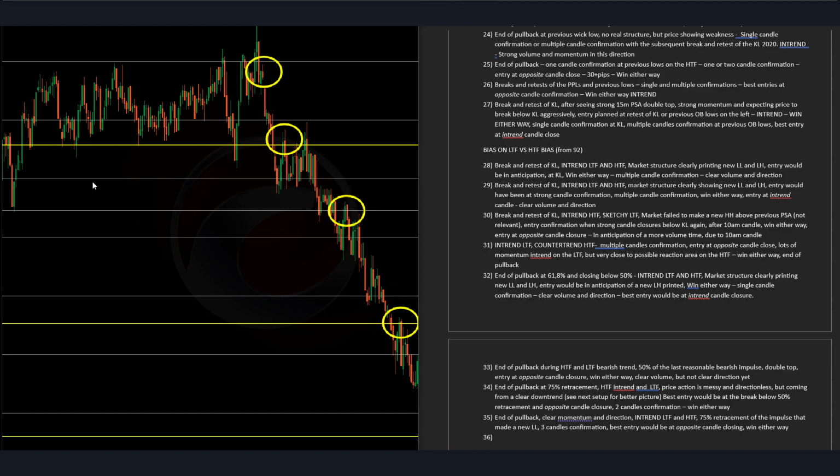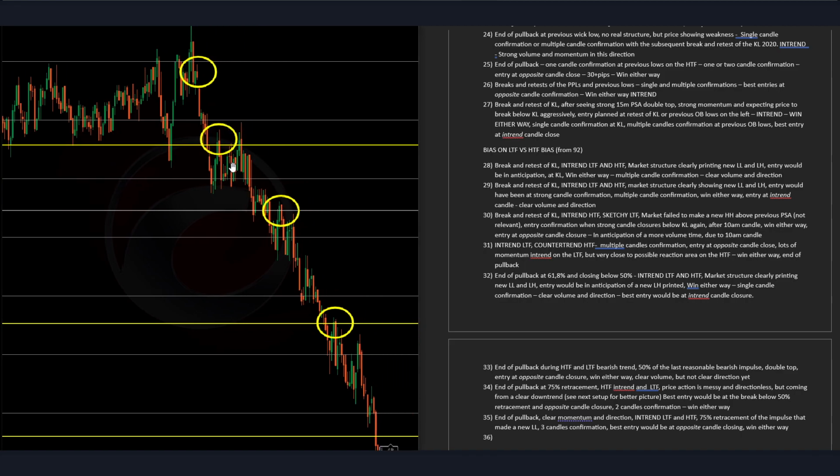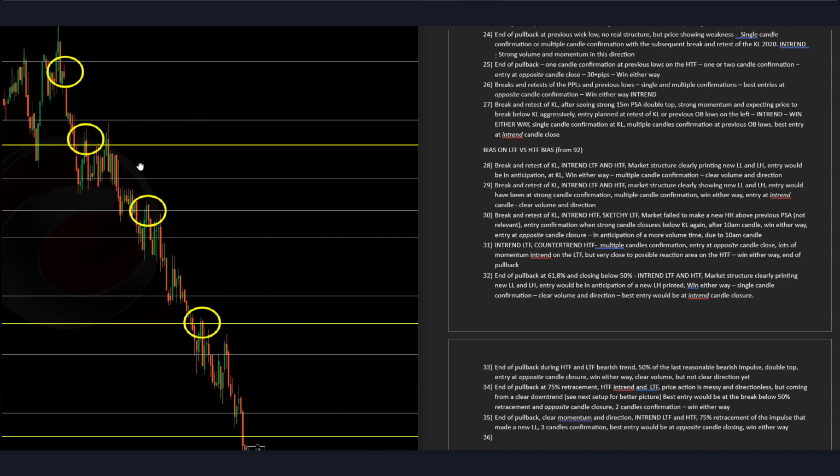Would it gap down? It would be in profit already. Then we have the candle closing and retesting these previous lows. Multiple candles, because there's not a lot of volume that day. You can see that the bearish trend is strong, but it's not really clear. There are a lot of candles; this is happening over an hour, and there's not a lot of direction.